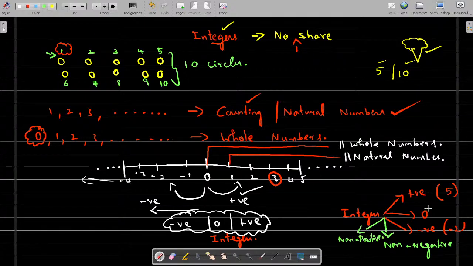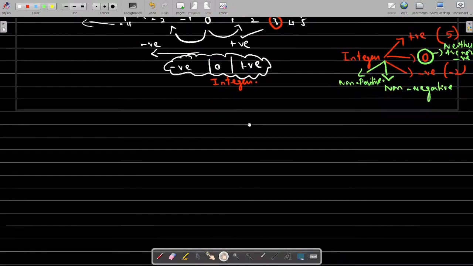How can you call this 0? This 0 is neither positive nor negative. You agree with me? Let me extend the case.